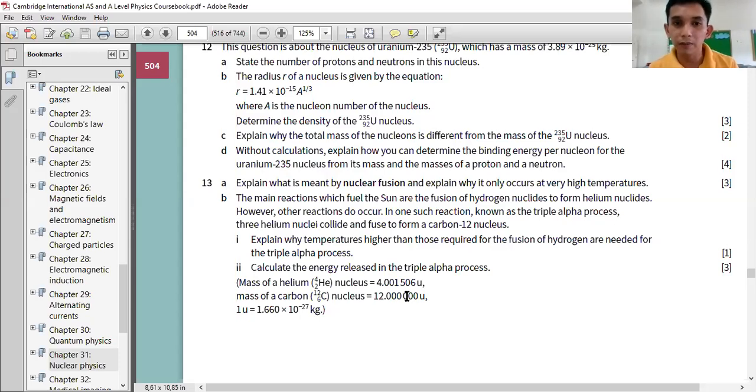However, other reactions do occur, one such reaction known as the triple alpha process. Three helium nuclei collide and fuse to form a carbon-12 nucleus. 13b.1, explain why temperatures higher than those required for the fusion of hydrogen are needed for the triple alpha process.